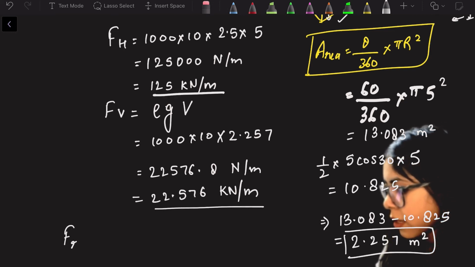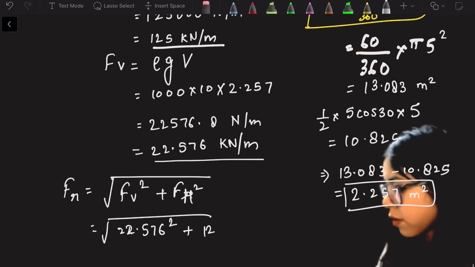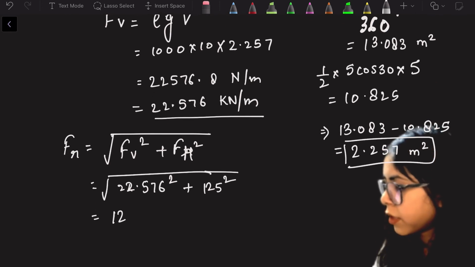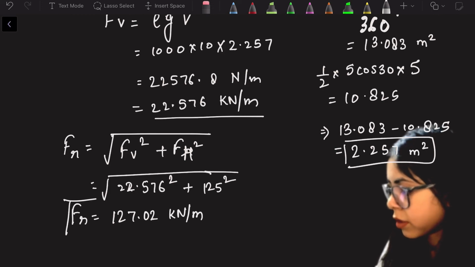I can get the resultant, that is under root Fv square plus Fh square, and that is nothing but 22.576 square plus 125 square. So it gives me 127.02 kilonewton per meter. This is the resultant force.